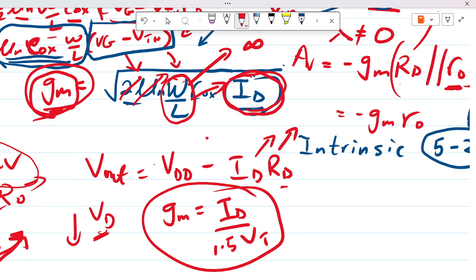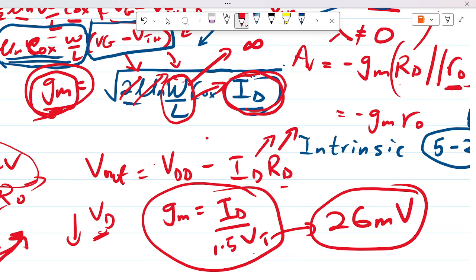Okay, so I hope this is right. And the value of Vt is what we already know from MOS devices. Okay, so that is it, at least. So how could we increase the gain?